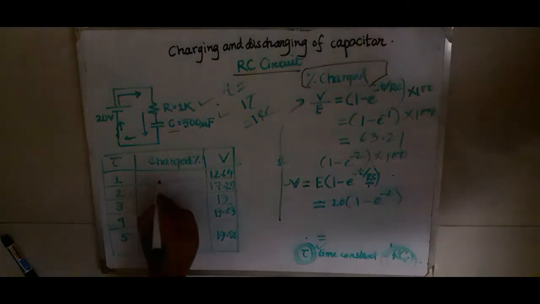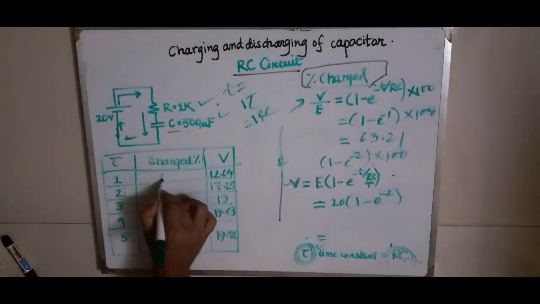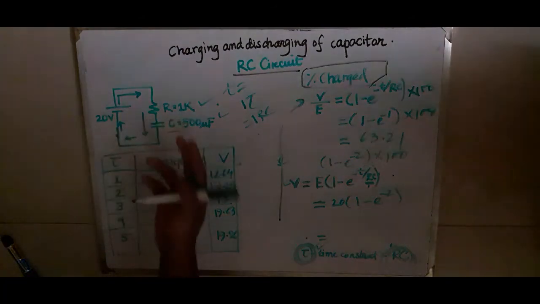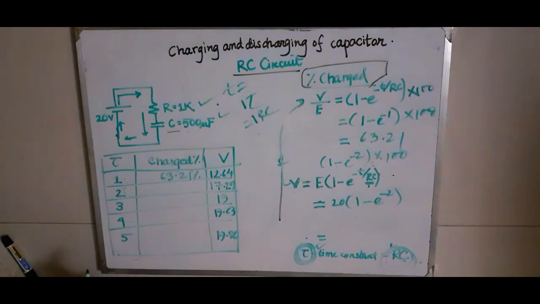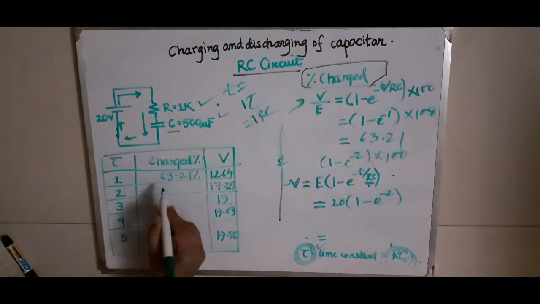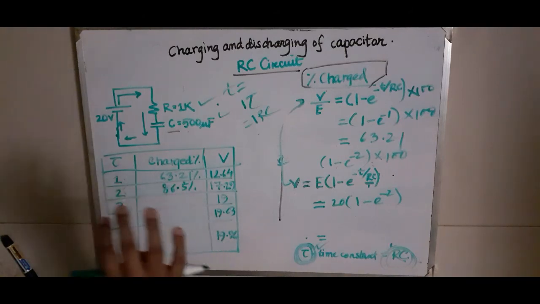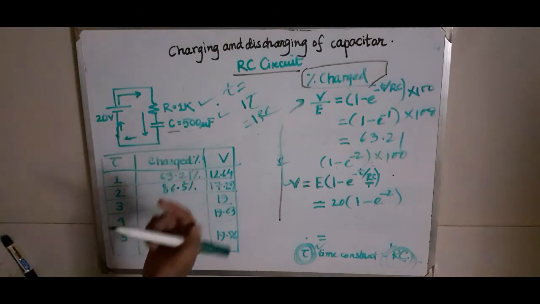So after one time constant, 63.21% of the capacitor is charged, and after 2 time constant, 86.5% charged.